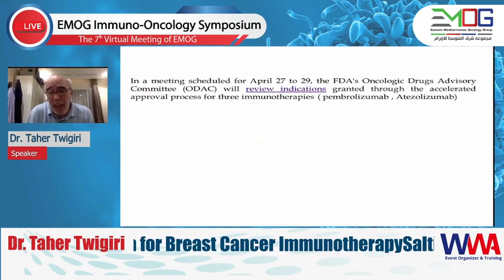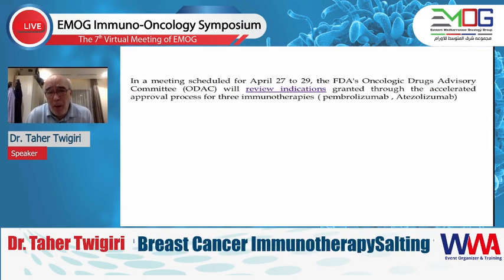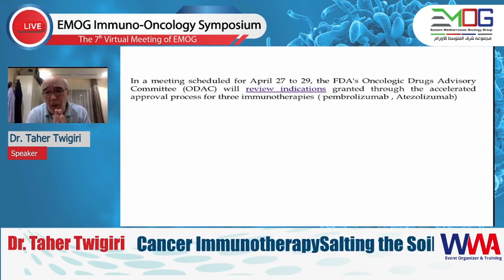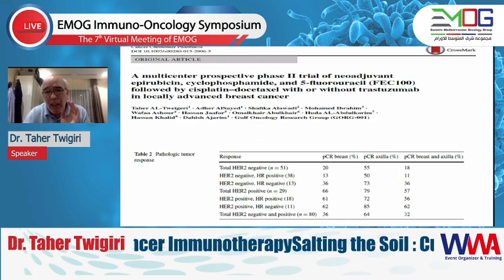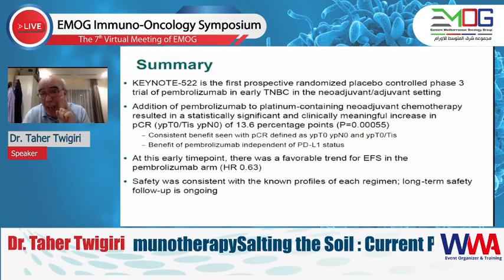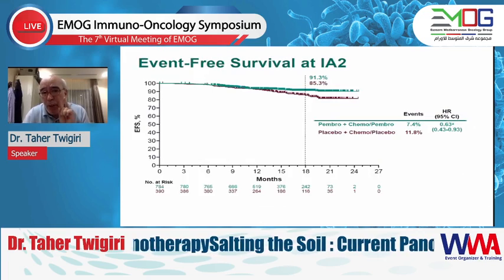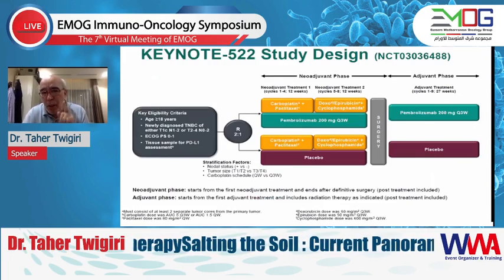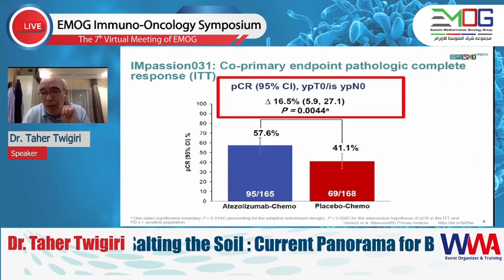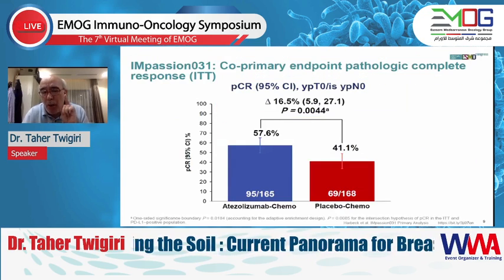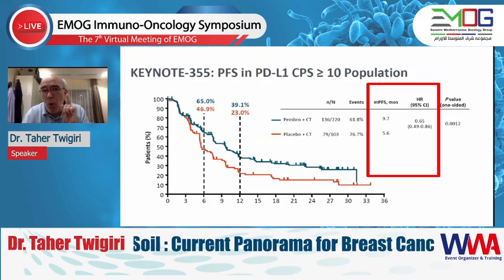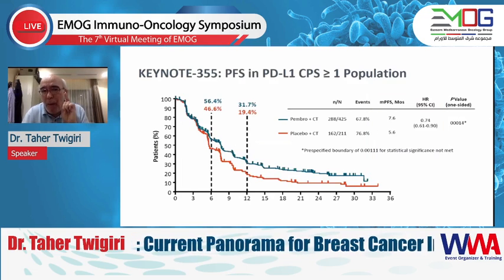Now, why am I saying this? The problem with immunotherapy for breast cancer, I will give you one example. If you have 100 patients in your practice, and 15% of these patients are triple negative, then 15 patients are eligible for immunotherapy.